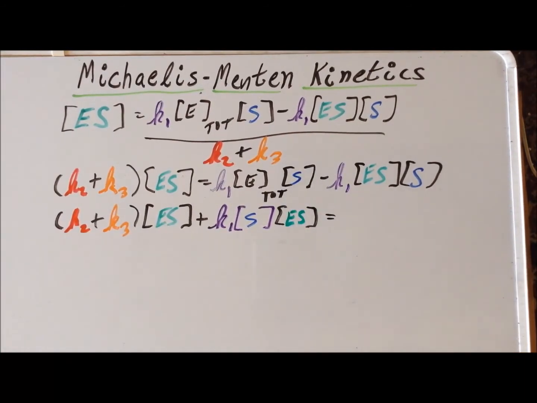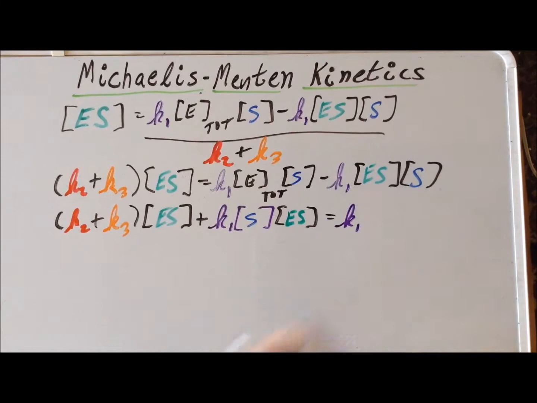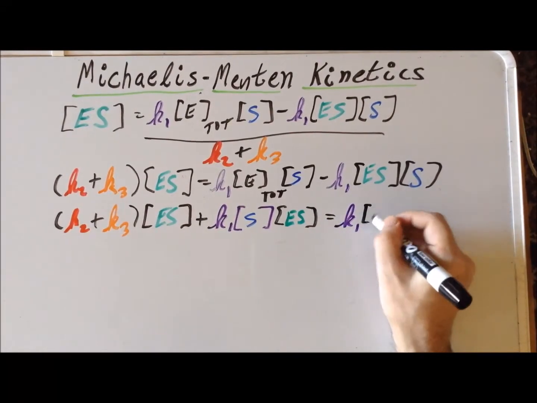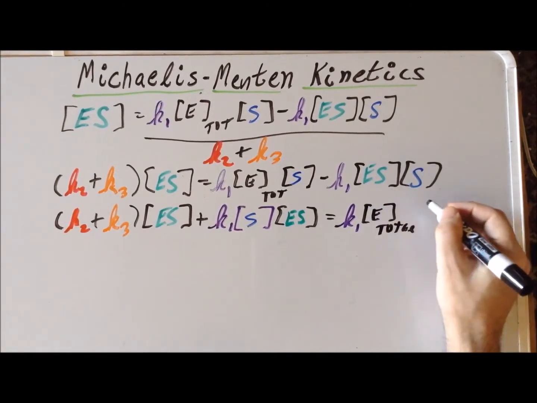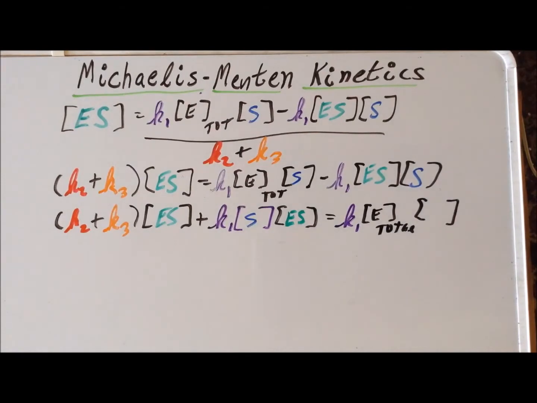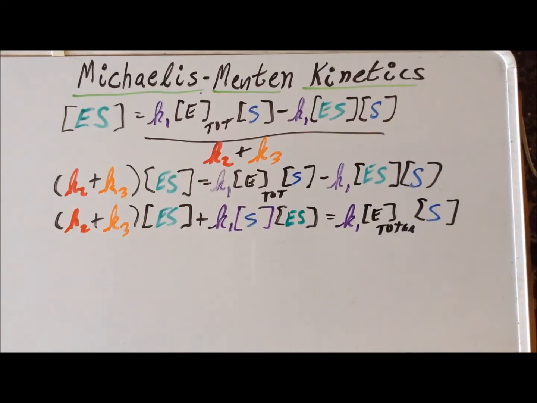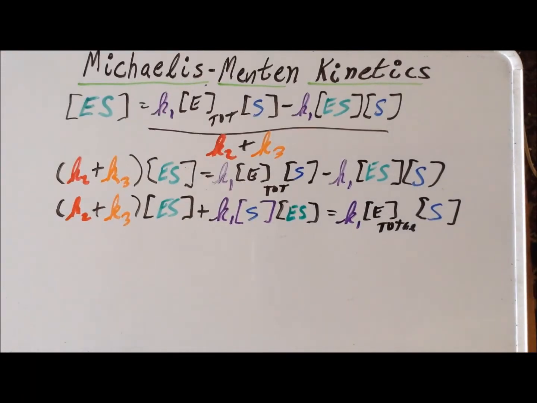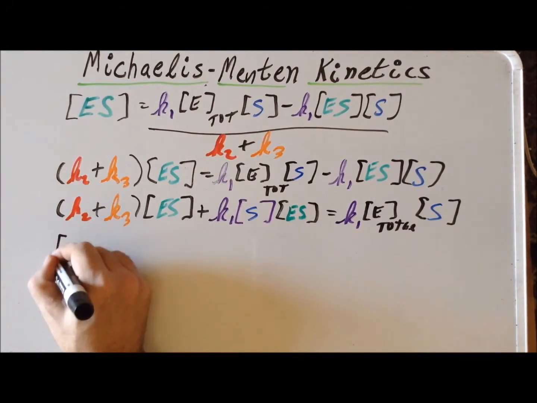And then on the right-hand side, what's left over is K1 times the total concentration of enzyme, and that's times the concentration of substrate S. We can factor the concentration ES at the left-hand side, so let's do that.